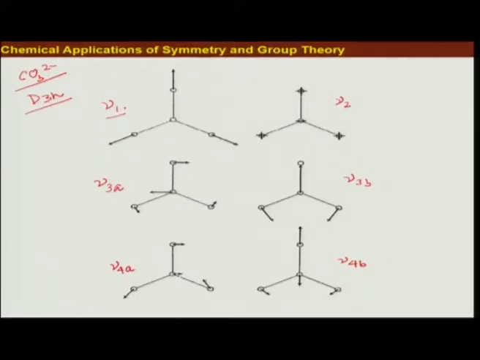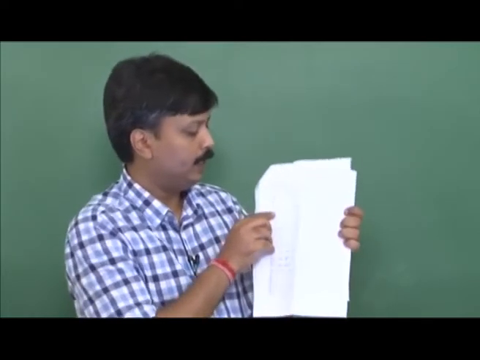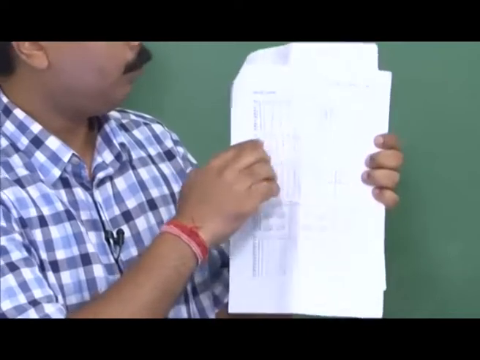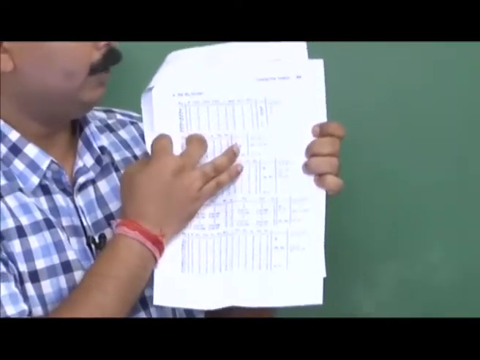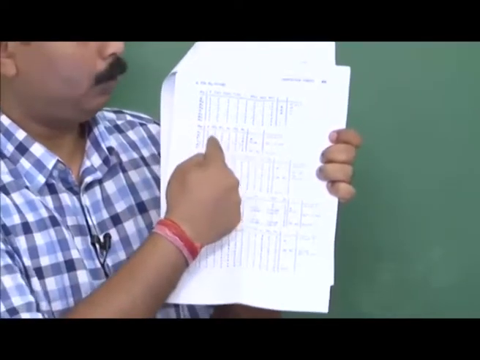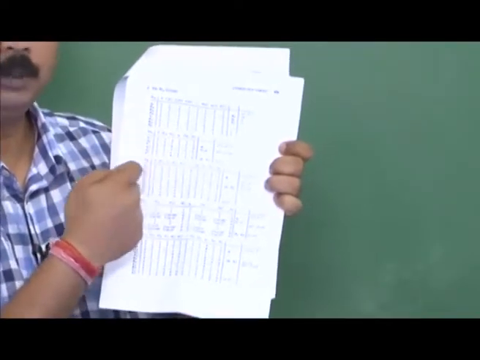So you look at the character table for any particular point group. So let's look at the point group D3h, all right? And so here we go. If we look at the point group D3h, you will find all the symmetry operations there, and the corresponding irreducible representations, the terminologies. You will also get the linear or non-linear functions which also transform as the irreducible representation of this particular point group.